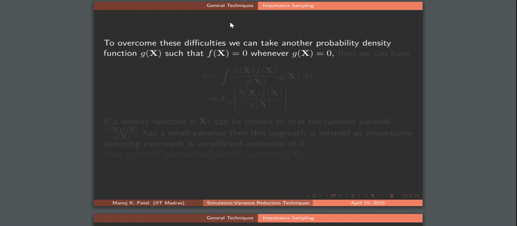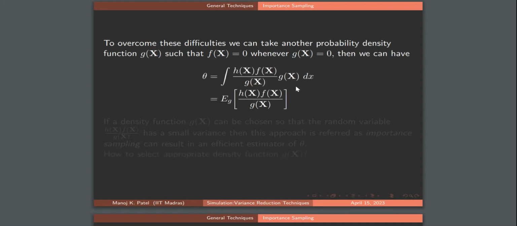To overcome this difficulty, we can take another probability density function g(x) such that f(x) is equal to 0 whenever g(x) is equal to 0. Instead of using f(x) as the joint density function for the random vector X, we'll use g(x) as the joint density function, and we'll calculate the expectation of h(X) f(X) upon g(X) instead of the expectation of h(X).